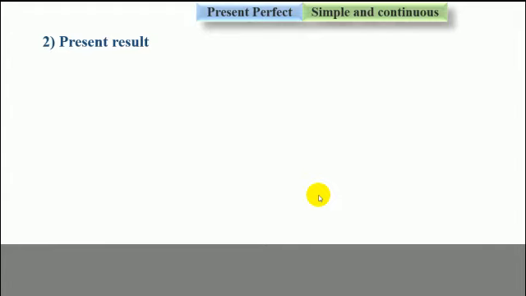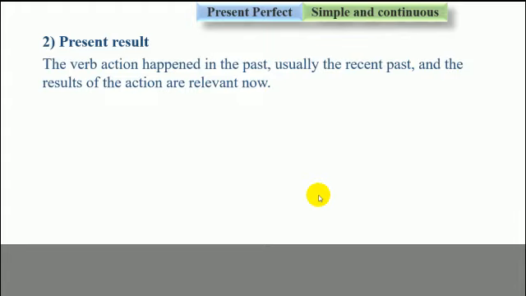Now, second, the present results. When I need to use the present perfect to show the present result, the verb action happened in the past. As I said, this is true in all forms of the present perfect.